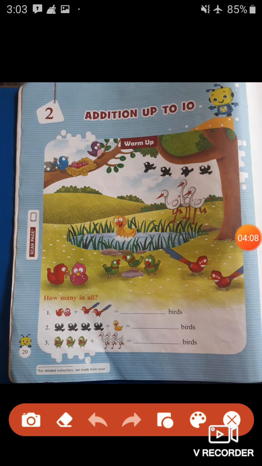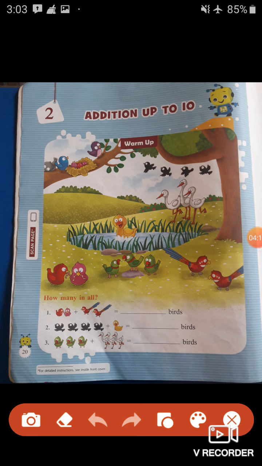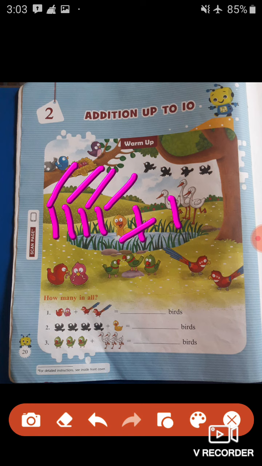Now in the next one, there are 4 crows, 1, 2, 3 and 4. And in the next picture there is 1 duck. So 4 plus 1 is equal to 1, 2, 3, 4 and 5. So here the answer is 5. In the second you have to fill in 5 birds.